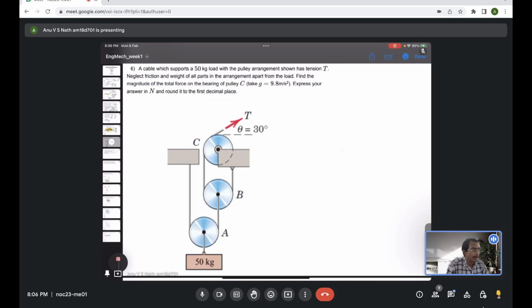For those who joined lately, we can try solving this problem. I will wait for a while, then I will explain how to do this. If you found the answer, you can put it in the chat box.